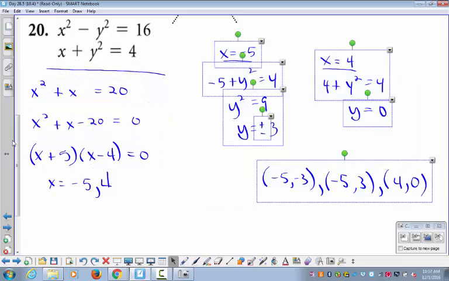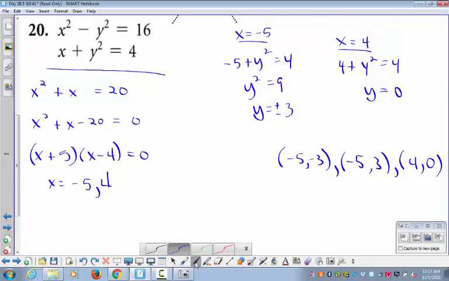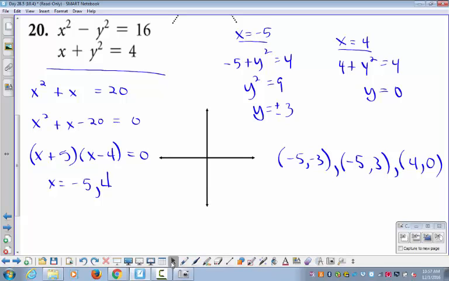Move this stuff out of the way a little bit. Right, that first one is a hyperbola. We divide both sides by 16. And is it going to open vertically or horizontally? So the x is in front, so it'll open horizontally. So we'll have x squared over 16 minus y squared over 16.